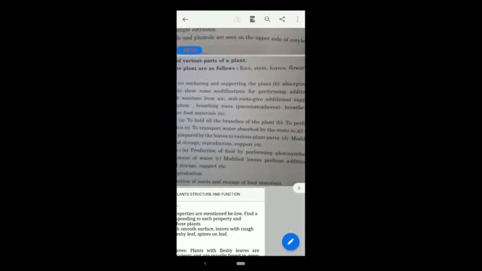Now see, the food is created on the leaf by photosynthesis with the help of stomata. Stomata are small openings on the leaf. Through them, carbon dioxide, sunlight, water and chlorophyll, by chemical reaction, create food in the form of glucose on the leaf.